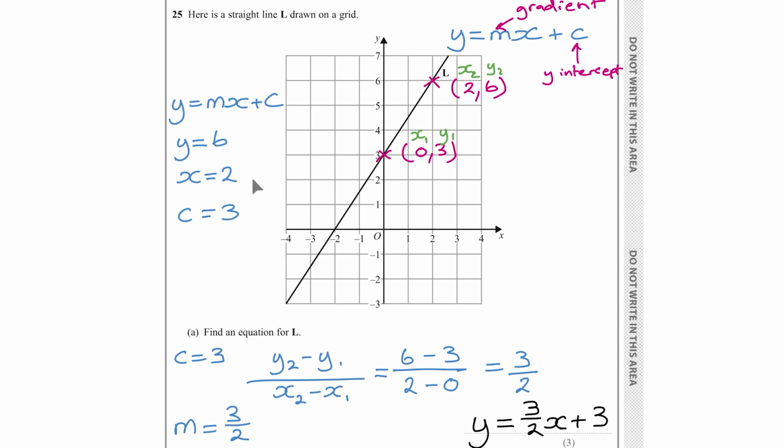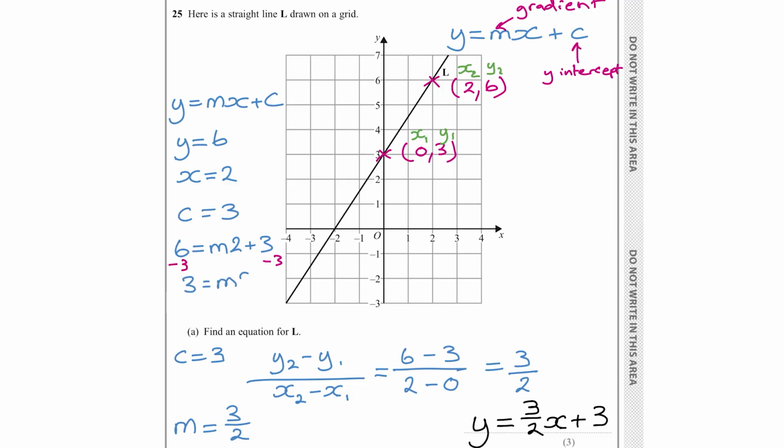So put those values into y equals mx plus c and then rearrange it to find m. So we had 6 equals m, which we don't know, times x, which we know is 2, plus 3. So all we have now is one unknown, which is m, and we can rearrange this equation to find m. So we would minus 3 from both sides. That would give us 3 equals 2m, and divide by 2, m equals 3/2. And then you would write it out just as we have here.